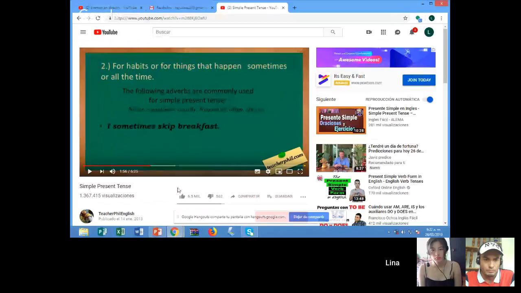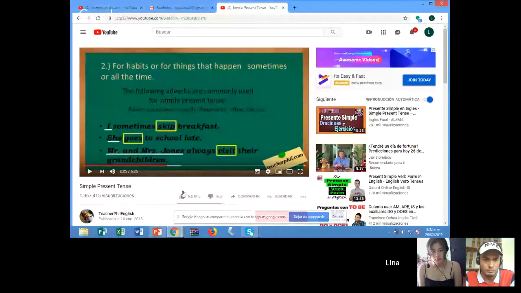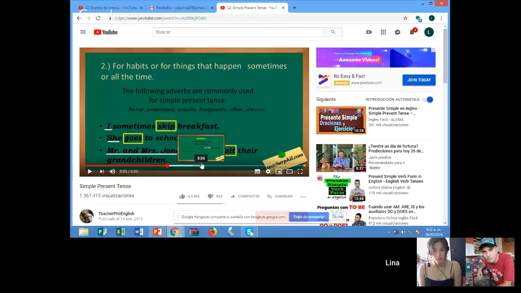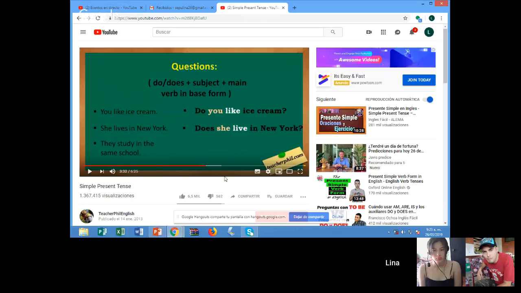Here. Some adverbs that you will use in this kind of simple present tense, but here we can see the verbs visit, skip, goes, okay? And here are the questions.